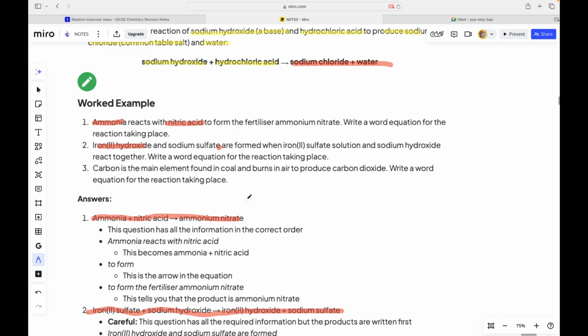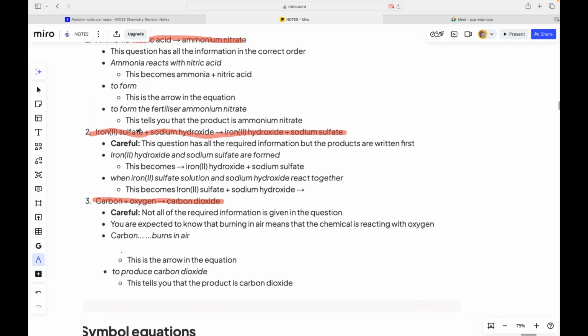So iron 2 sulfate reacts with sodium hydroxide, because the iron will be displaced by sodium. Sodium is higher in the reactivity series than iron. So sodium will displace iron, it becomes sodium sulfate, and iron 2 hydroxide is what we will produce. Okay, that's that for that.